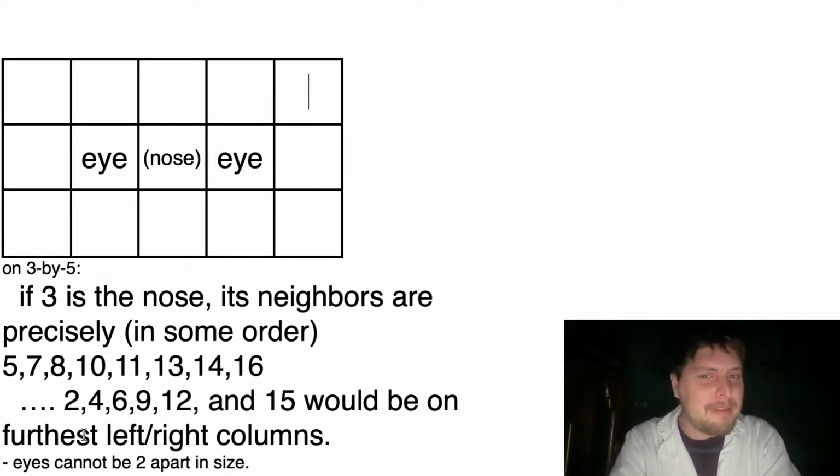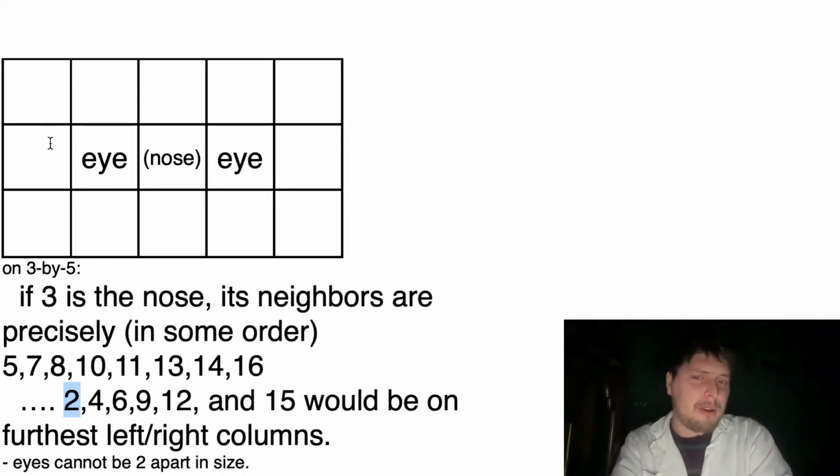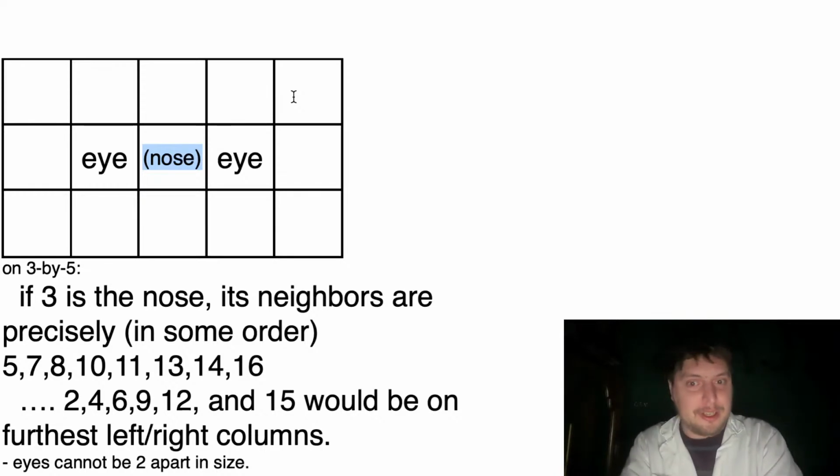How could we even maybe note possibilities or impossibilities? Like, would 2 have to be somewhere particular? Would it have to be a corner? Because at that point, if 3 is the nose, we're seeing if we find a contradiction here, and actually my gut tells me we might hit a contradiction, but I'm not sure. Let's see.